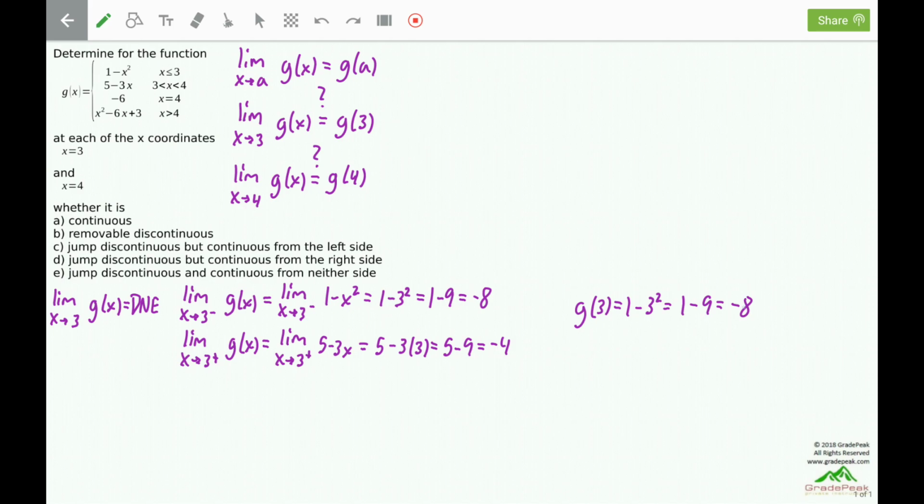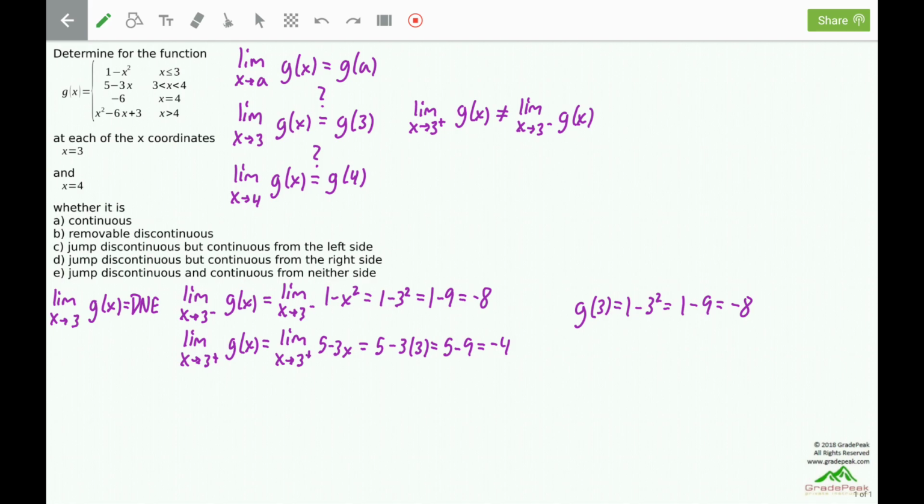So to recap the results of the x-coordinate of 3, we have the limit as x approaches 3 from the right side of g of x does not equal the limit as x approaches 3 from the left side of g of x, which means we will have a jump discontinuity.